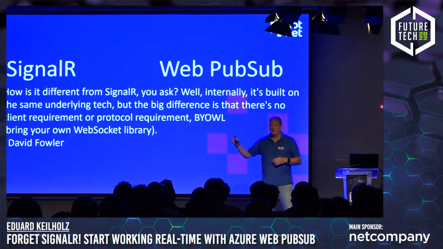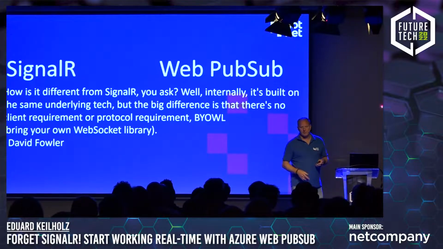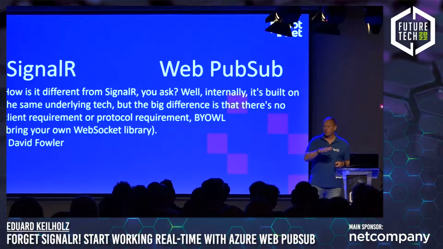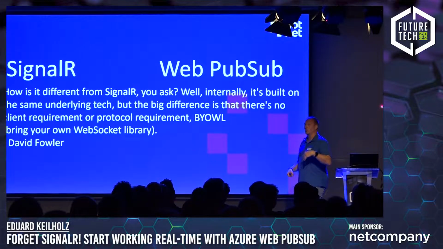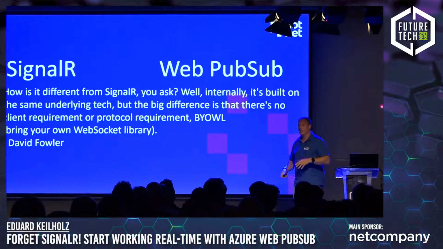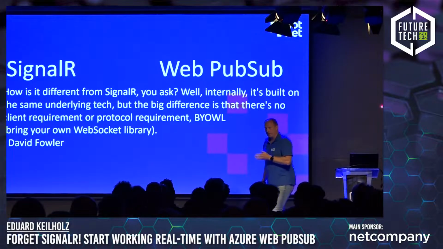So SignalR has a couple of fallback scenarios that it falls back to in case the WebSocket is not supported. So you have this forever frame thing and a long polling mechanism, and there's a third one, which you can use or is used for you if the WebSocket is not there.